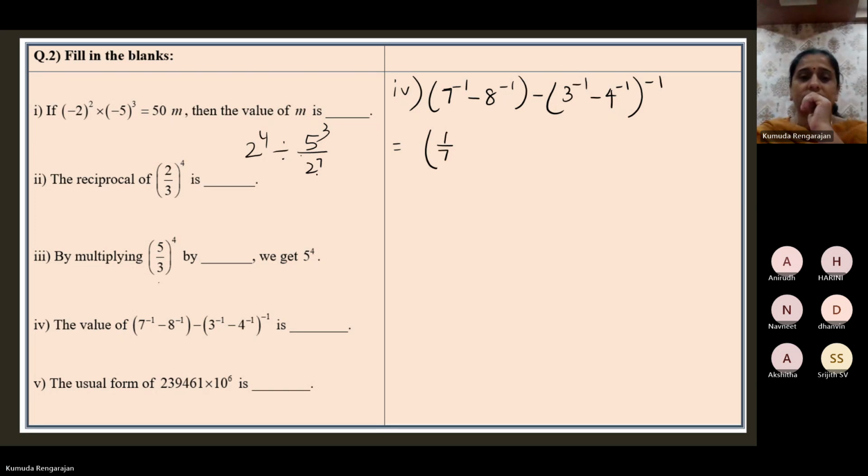Then division becomes multiplication, and we have to write the reciprocal of this.